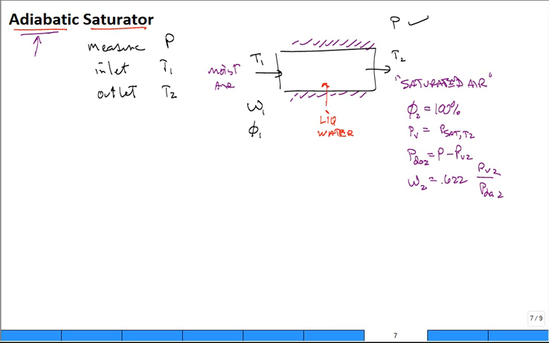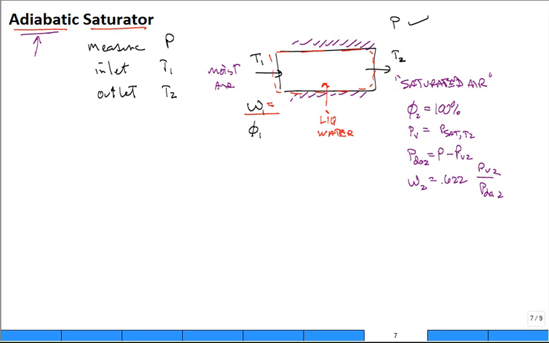You rearrange it cleverly to get an expression for omega 2. So let's go ahead and get the equation here. If I have a control volume, we have the air balance. It's so trivial. M dot dry air in is equal to M dot dry air out. You have the inlet stream 1, outlet stream 2. Okay, so that's done.